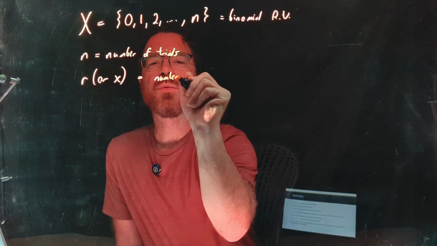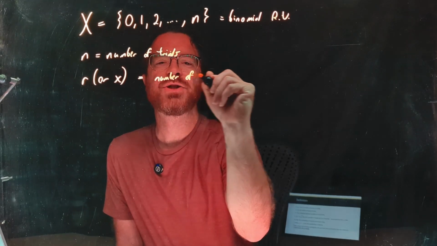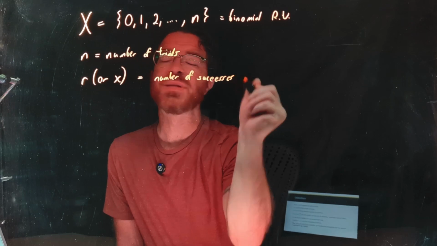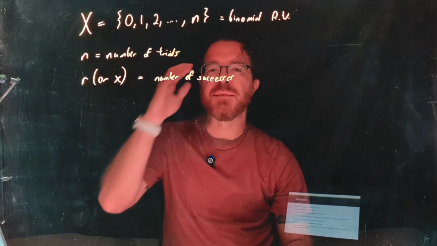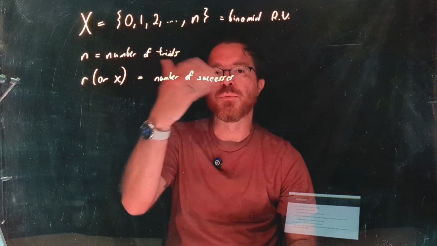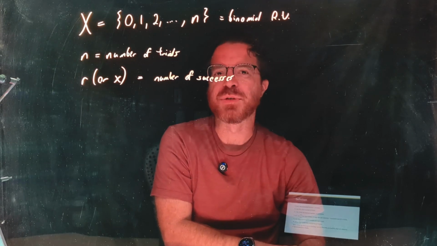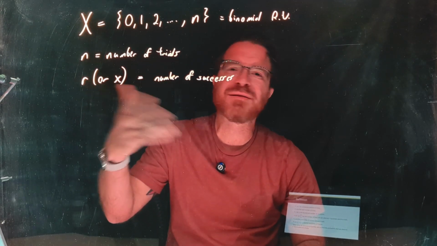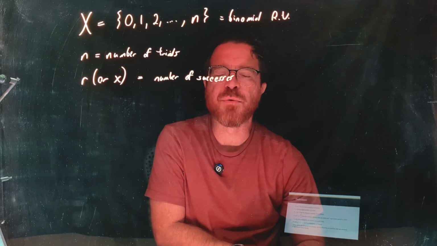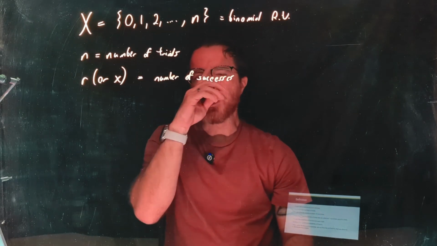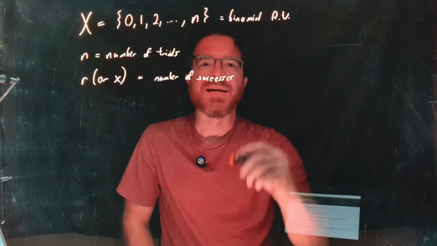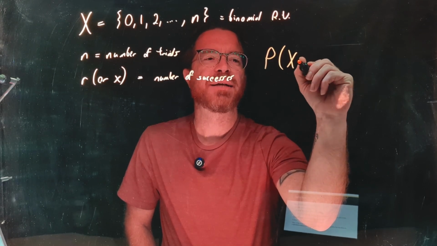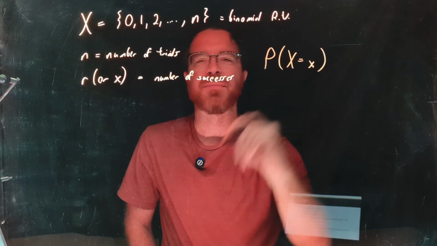Now you might wonder, why do I have 2 different letters here? It actually just has to do with convention. Oftentimes we will use R to represent the rate of success. So for example, 4 successes, 6 successes, stuff like that. But it's still X. X is just a way of representing the outcome of a random variable. Whenever we're doing these probabilities, oftentimes we'll write it like this: the probability that the random variable X equals the outcome x.